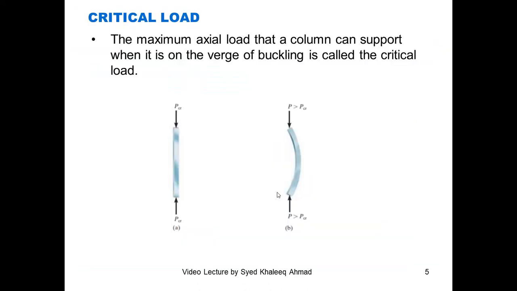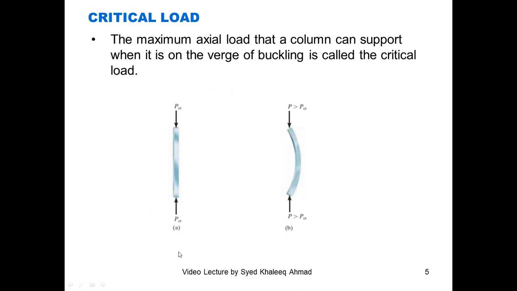Now we look at the critical load of the column, how much load this column can support. So the maximum axial load that a column can support when it is on the verge of buckling is called the critical load.